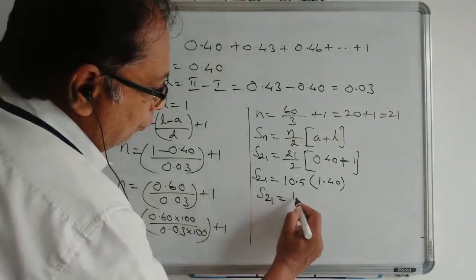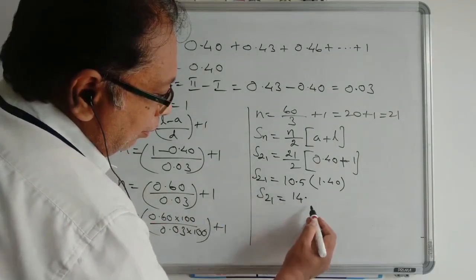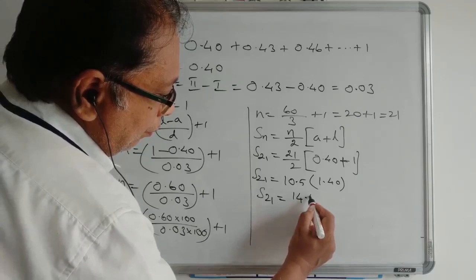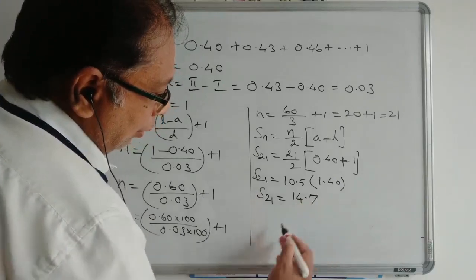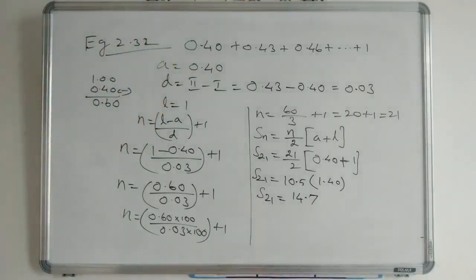The value is S21 equal to 14.7. Therefore the S21 value is 14.7.